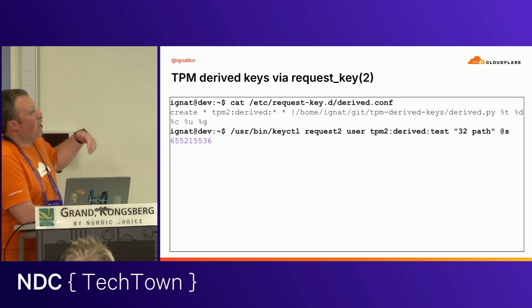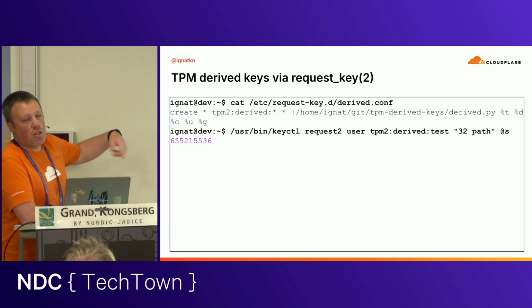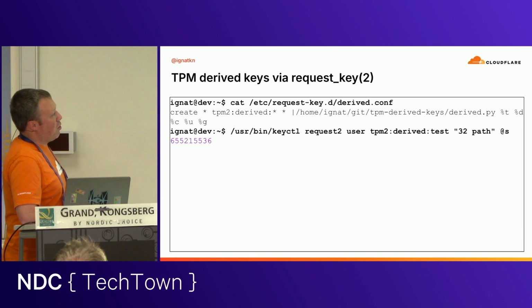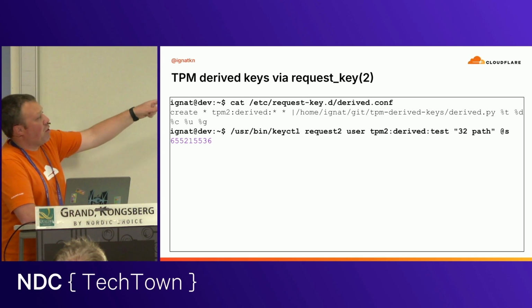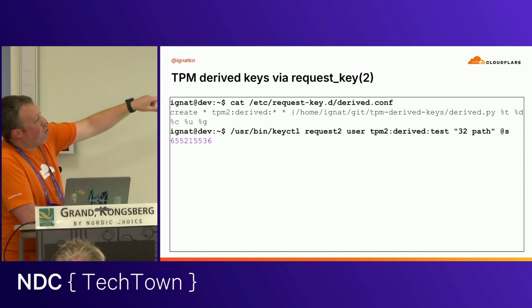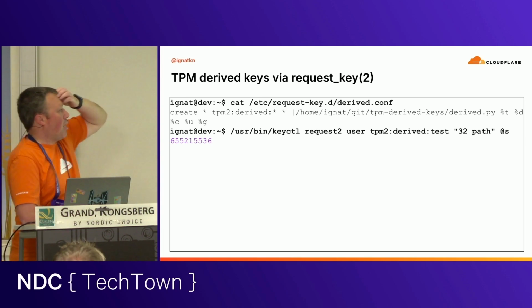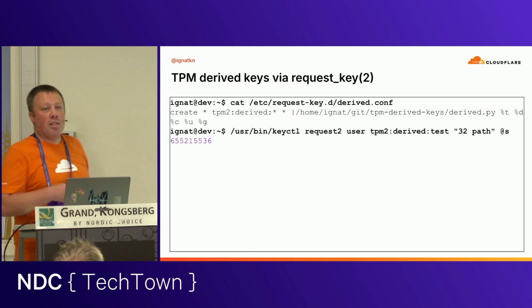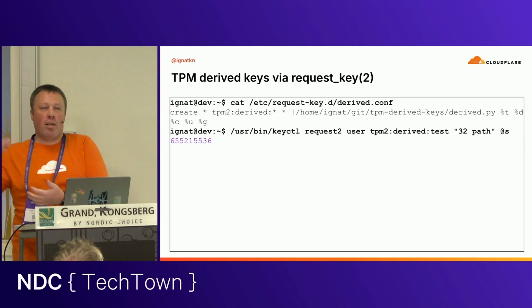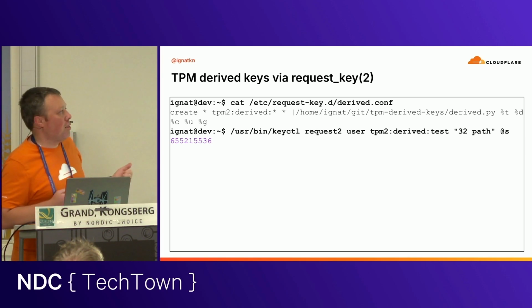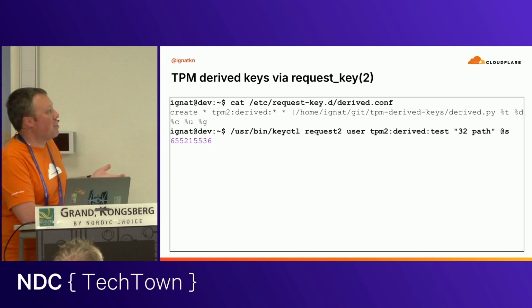So for example, I will just use the keyctl utility, which is a wrapper for scripts around the kernel key store API. Here I'm actually requesting a user key with a string ID TPM2 derived, right? The key name will be test, and the 32 path thing is the way I structured my plugin. 32 means I want a 32 byte key, for example for AES-256 encryption.